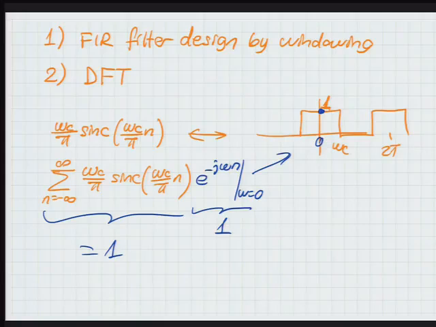So this is the ideal impulse response, h of n, and it gave us this ideal frequency response, H of e to the j omega. Now I did all kinds of things to this octopus. I truncated it, I abused it. So H hat of n was h of n times the window.